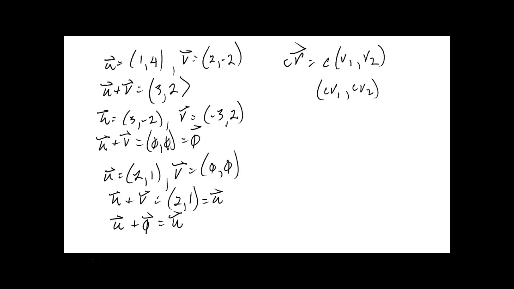And of course, if c is equal to 1, it's the same vector. If c is equal to minus 1, it's the same vector, but in the opposite direction. And if c is equal to 0, it's a 0 vector. Okay? So, some other characteristics, we'll get to those a little bit later.